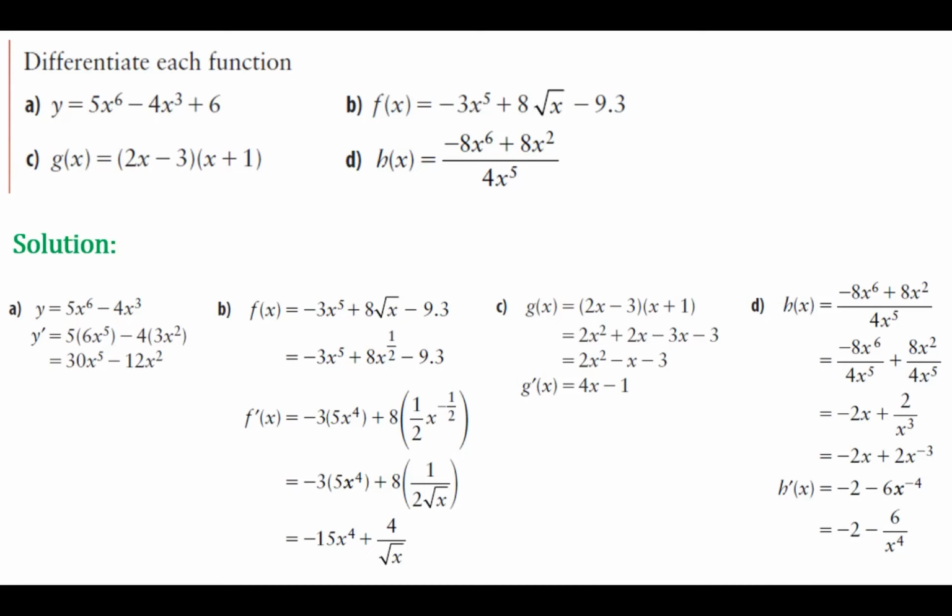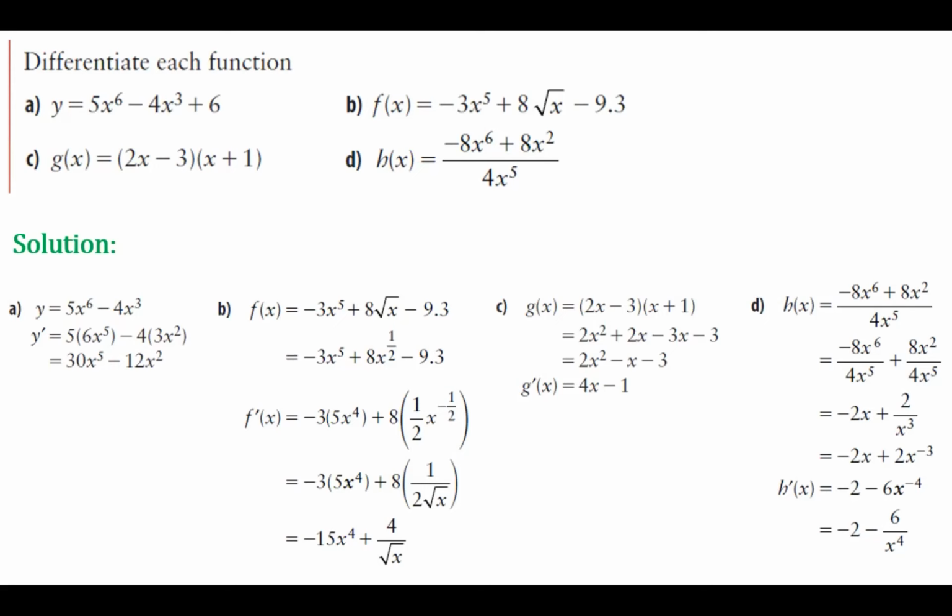Okay, question B. The derivative of this function. Note here, this function is the sum of 3 parts, right? Therefore, the derivative of this function equals the sum of the 3 derivatives. We can find the derivative of each part respectively and sum them up.